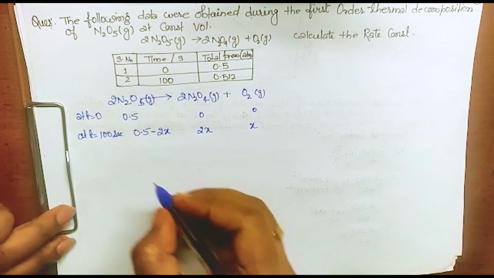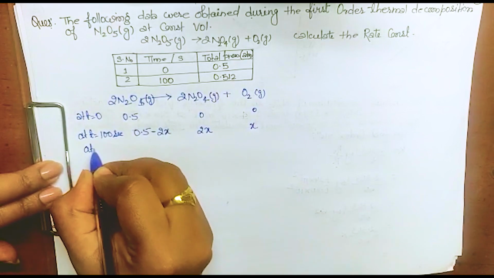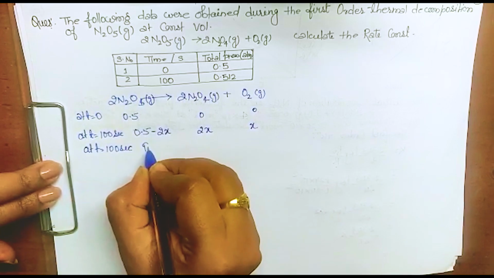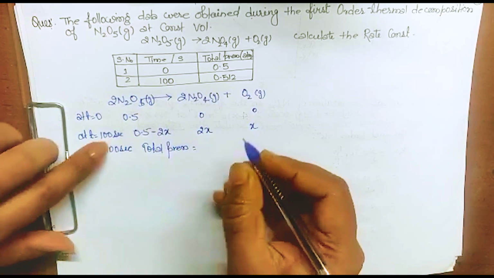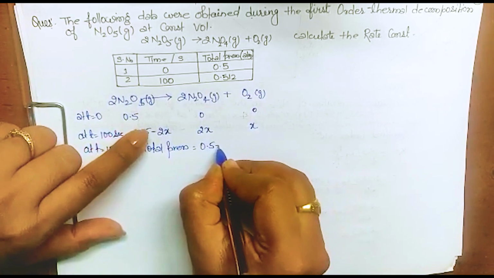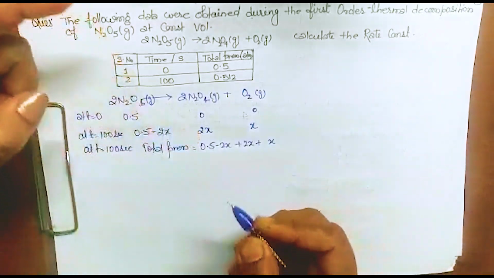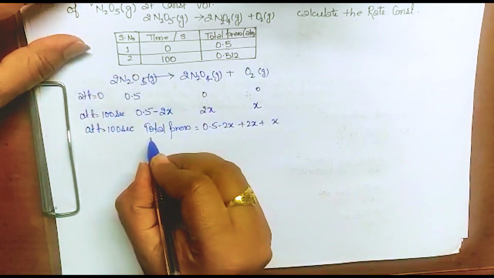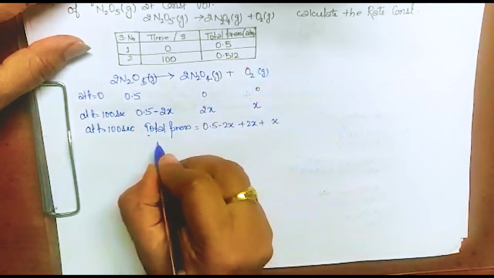Got it? And according to the question, at T equal to 100 seconds, what will the total pressure be? We will find 0.5 minus 2x plus 2x plus x. This is the way we used in chemical equilibrium. Now the total pressure value is given at 100 seconds, which is 0.512.